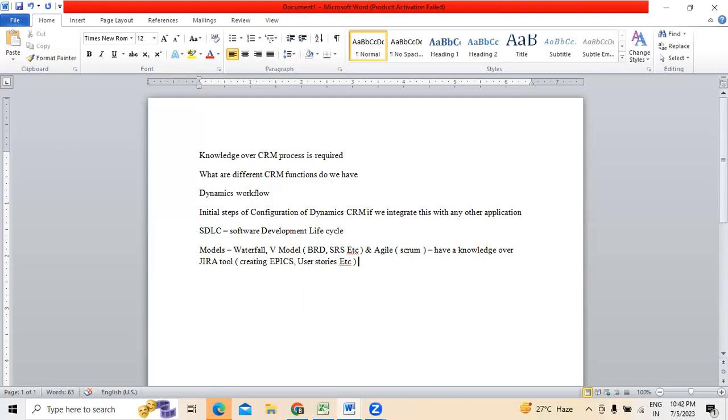Usually, on most occasions, the business analyst will work as a product owner. So that transformation will be there. So models like waterfall model and V model, that knowledge is required, meaning how to write BRDs and SRS, as I explained earlier. At the same time, knowledge over agile Scrum, wherein we need to know how to create epics and user stories. If you remember, we have discussed this even in our sessions.